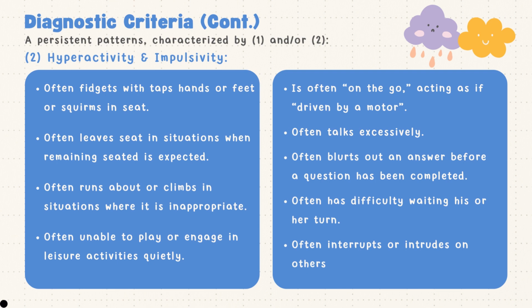So, six or more of the following symptoms for each component can cause impairment in their activities of daily living.